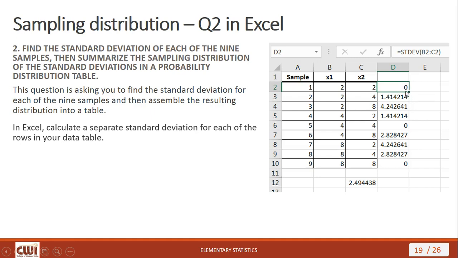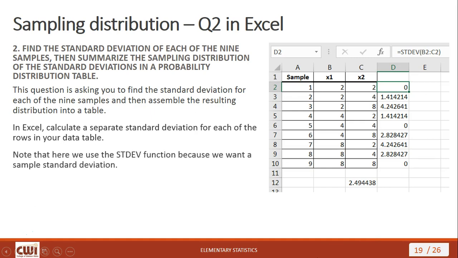Then I copy that formula down so it calculates it automatically for each of the 9 samples. Now I have individual standard deviations for each of my 9 samples. To get to where I want to be, though, I have to take the mean value of each of these standard deviations.